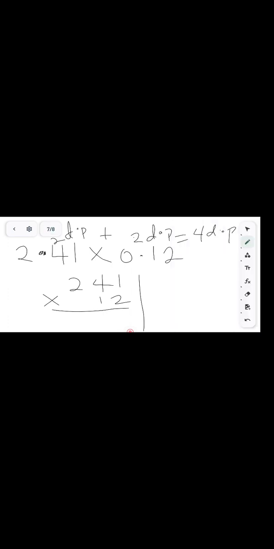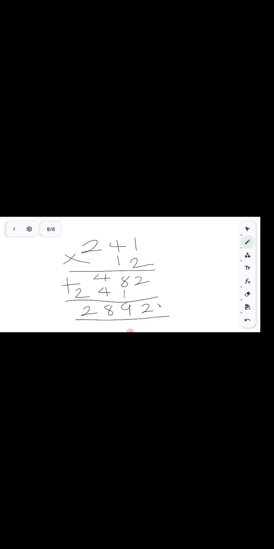So 4 DP means I'm moving 4 places to the back: 1, 2, 3, 4.